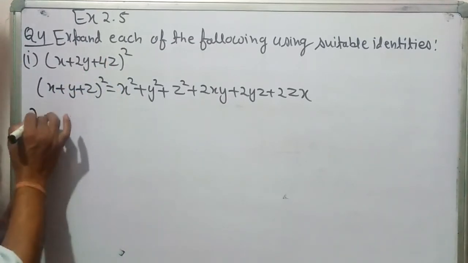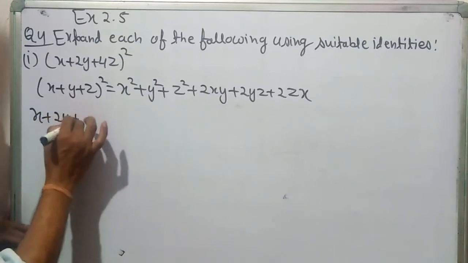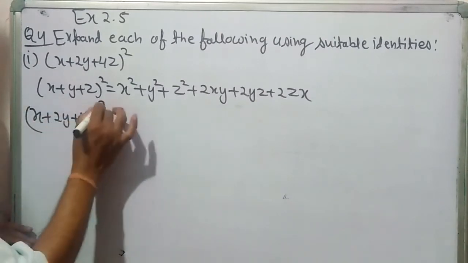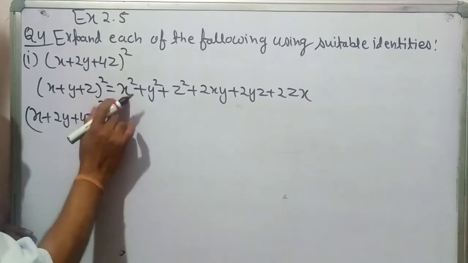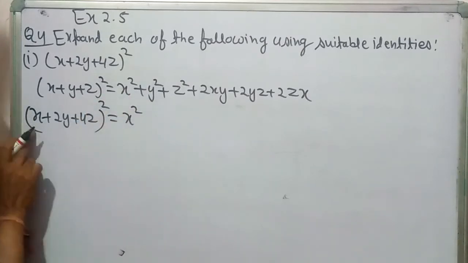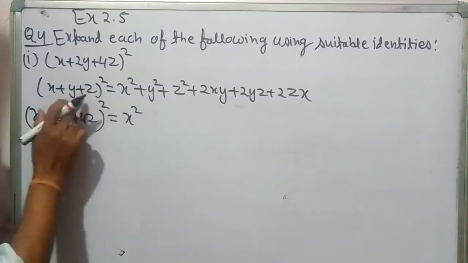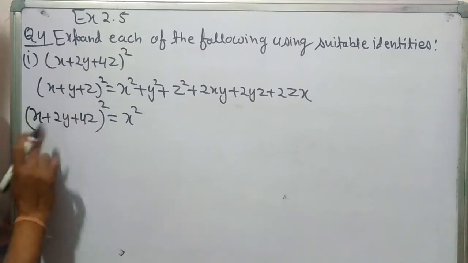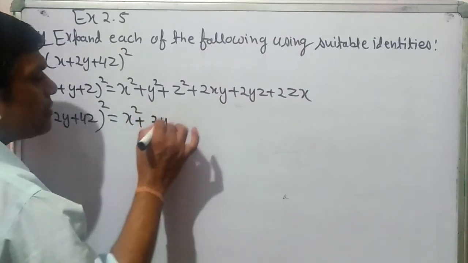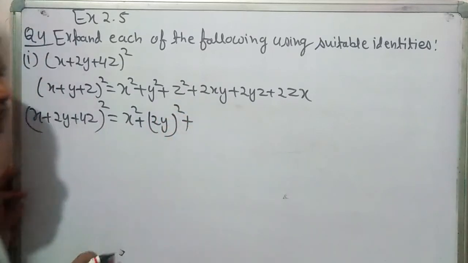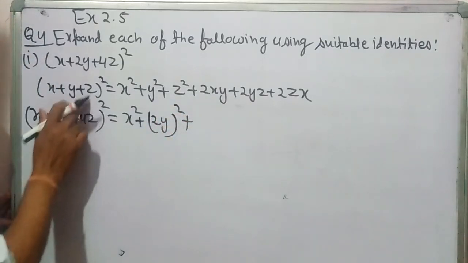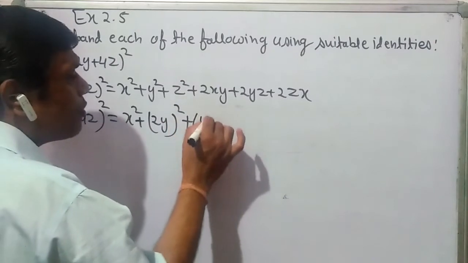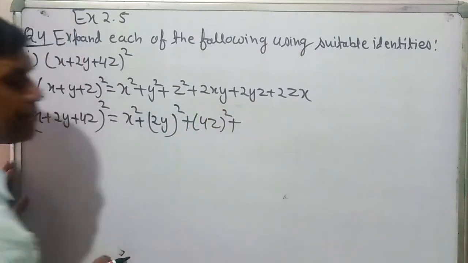So let us put the values: x plus 2y plus 4z whole square. X square means x square. In place of y what is there? 2y. So it should be twice y square. In place of z, 4z is there. So 4z square should be there.